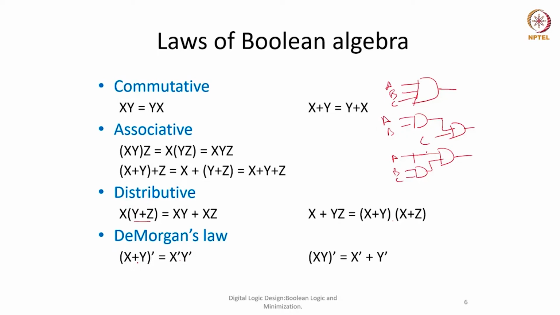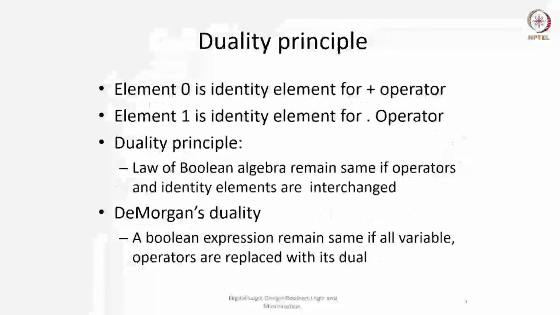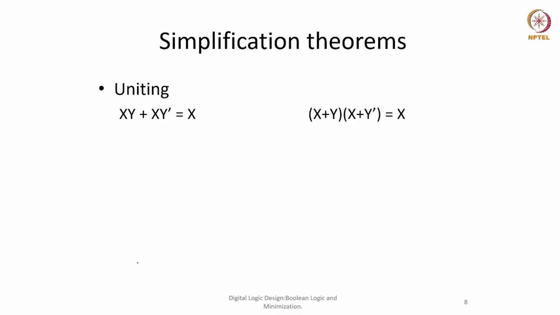One of the agendas of understanding Boolean algebra was to minimize or simplify our expressions. Based on the theorems we have seen here, I can create some simplification theorems, which can help me directly in simplification.